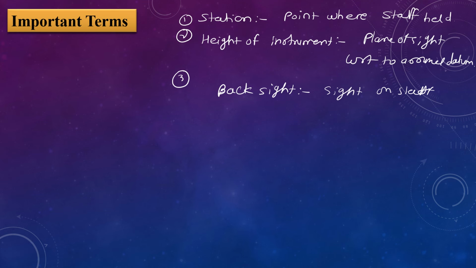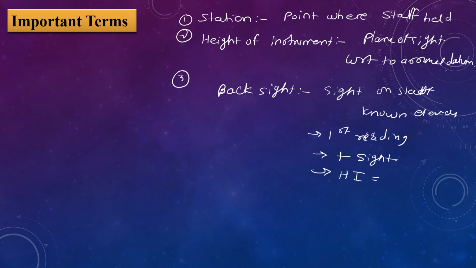Backside is the first reading, and backside is also known as plus sight. Here the height of instrument is calculated with the help of backside. Height of instrument is nothing but benchmark plus backside.